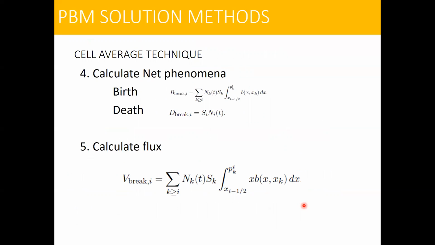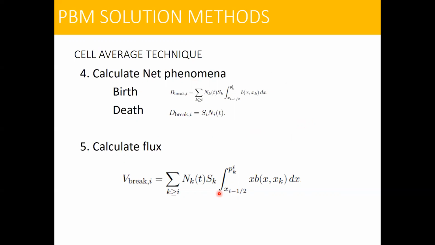Once we can control the number of particles and we know the volume, we can use this expression to calculate the birth and death rate due to the breakage in each cell. We can calculate the net flux in the cell to get the net volume flux into the cell i.